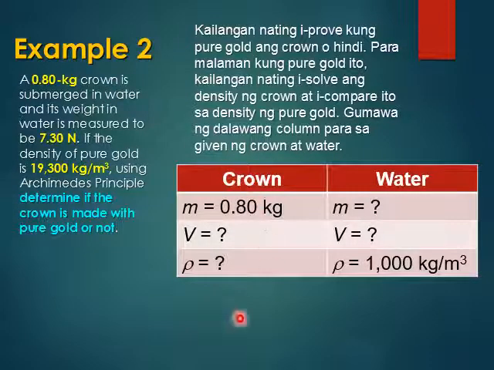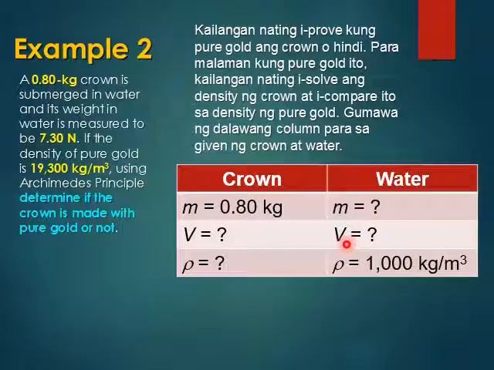Okay, so ito yung given natin. Ang given sa crown, ito 0.80 kilograms. And then sa water, ang given ay yung density ng water na 1,000 kilograms per cubic meter. So, hindi natin alam parehas on both sides. Yung sa crown, hindi natin alam yung volume ng crown saka yung density ng crown. And then for the water, we don't know the mass of the water and then the volume of the water.